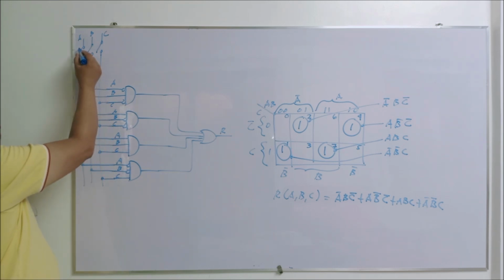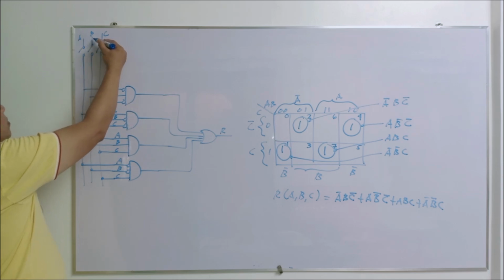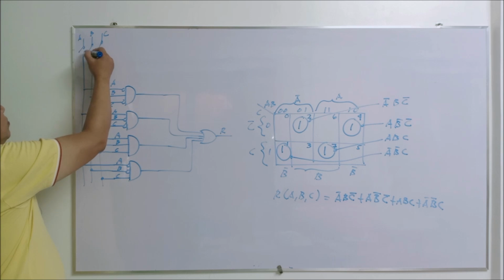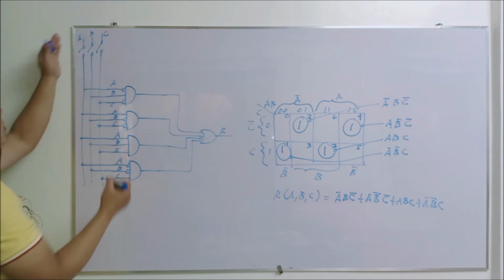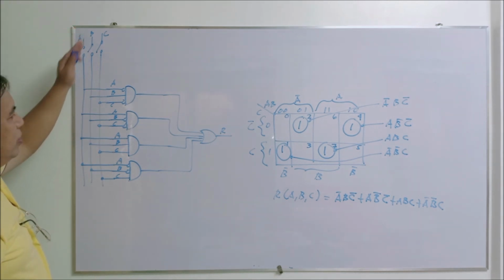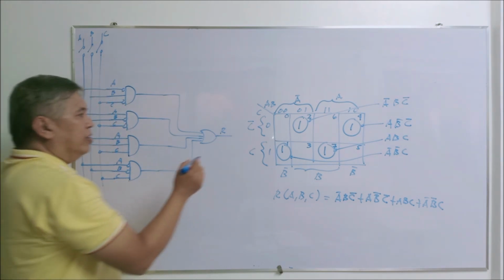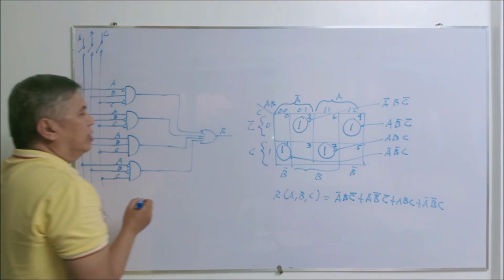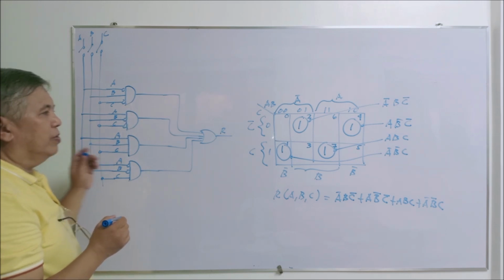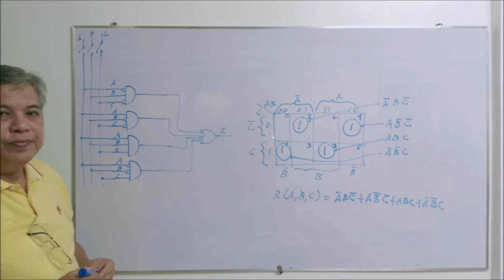So this is switches A, B, and C. So if switches A, B, and C are closed, that means that this will be connected here. So that means that A, B, and C are 1. So if A, B, and C are 1, then that means that your relay here will turn on, okay, and therefore R is equivalent to 1.